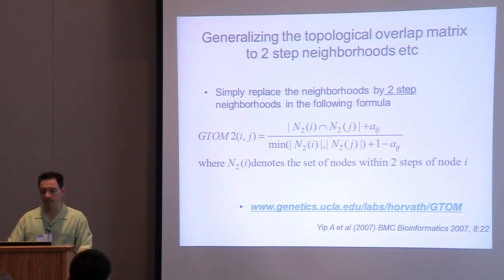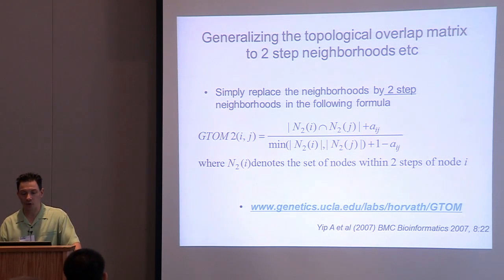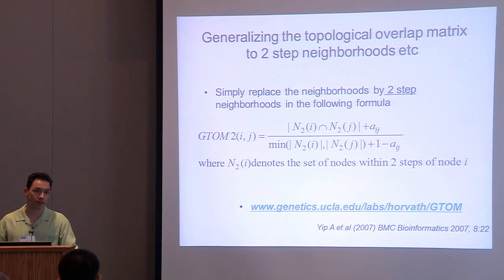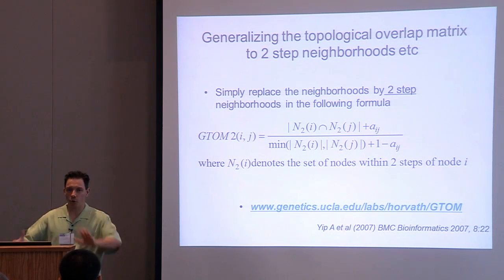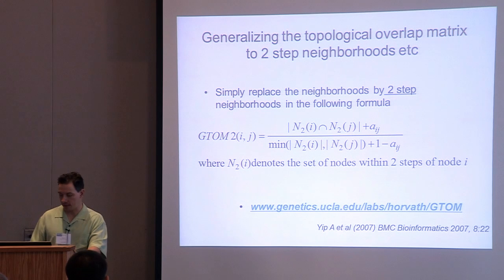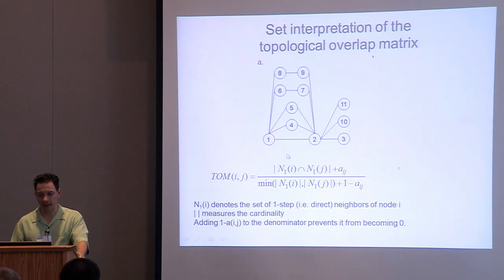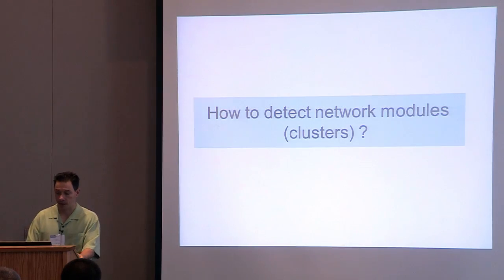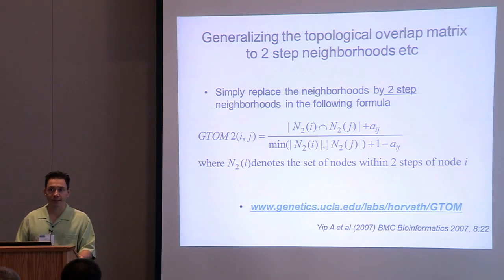But I warn you that this approach is probably a bad idea. We never use it, although we tried. Why? You over-merge things. Suddenly everything is highly interconnected. So in our applications, we only ever use the topologic overlap measure defined by using this one-step neighborhood approach. Any questions at this point?